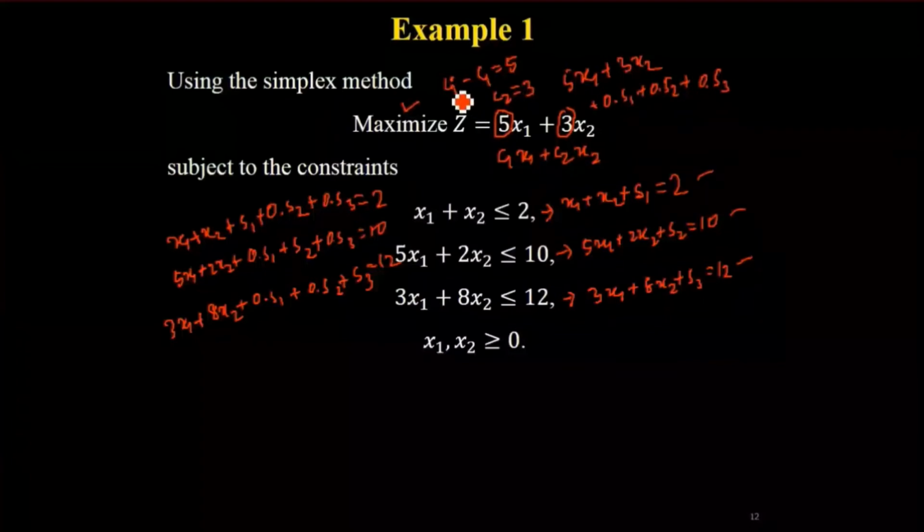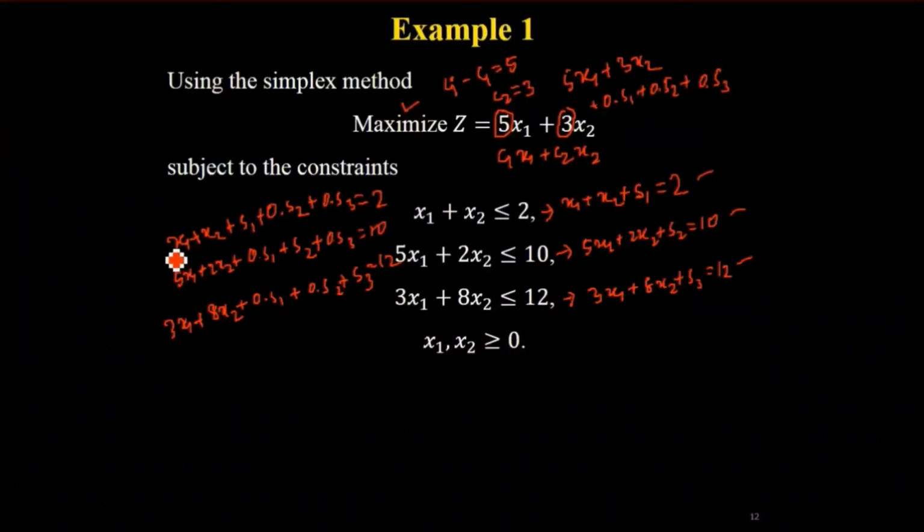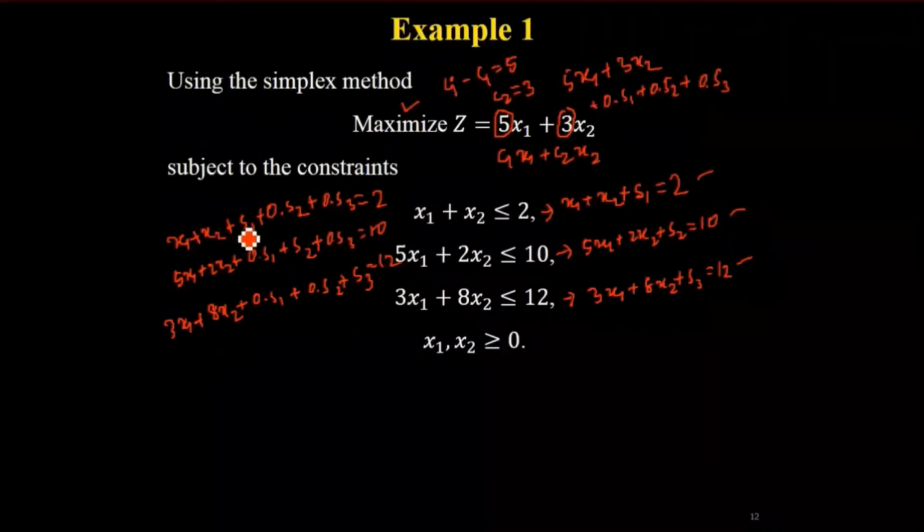So now the Cj coefficients are: C1 is 5, C2 is 3, C3 is 0, C4 is 0, C5 is 0. Now the coefficients: A11 is 1 because 1 into x1, A12 is 1, A13 is 1, then 0, 0, A21 is 5, A22 is 2, A23 is 0, like that we will find out.